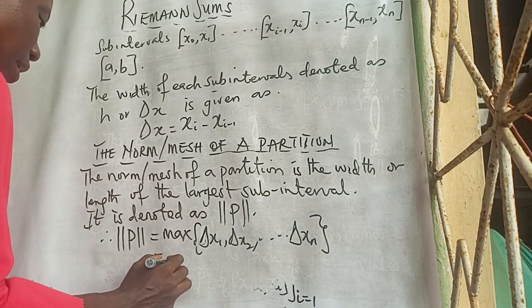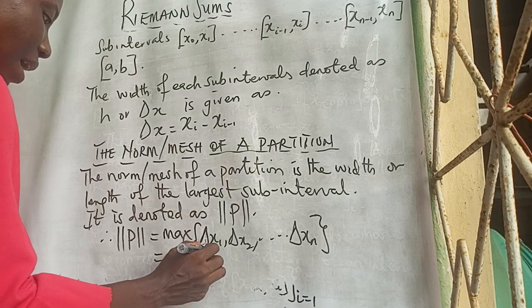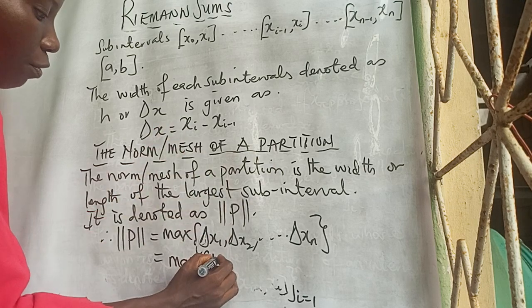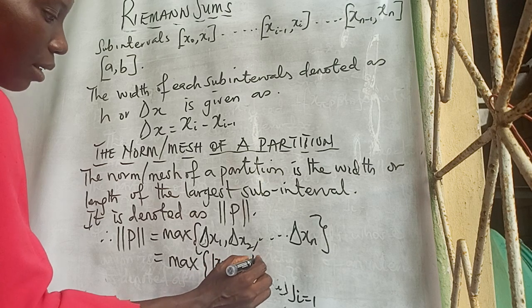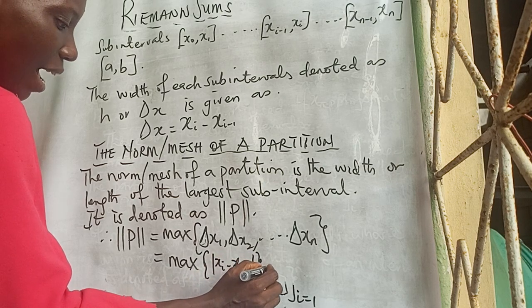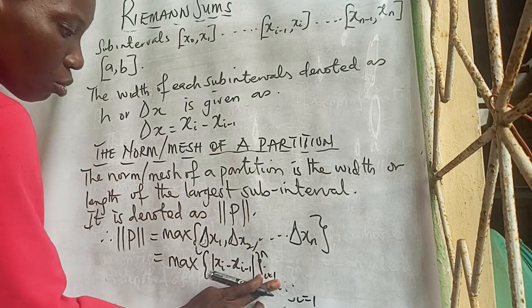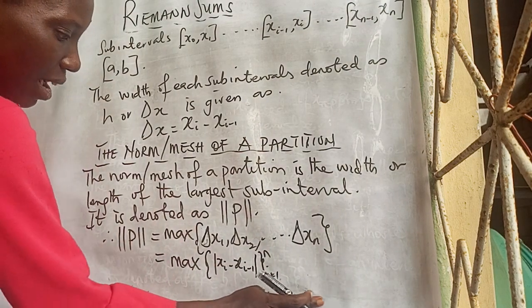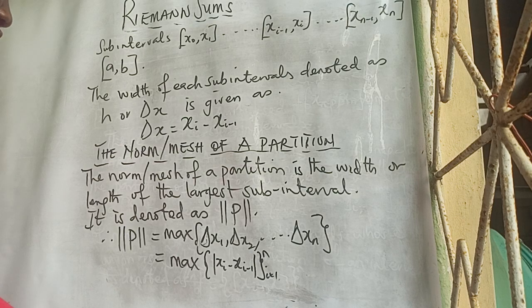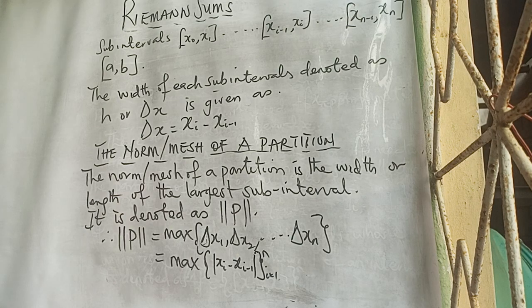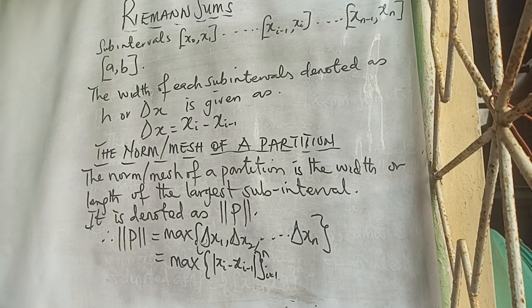And that is still the same thing as the maximum of x i minus x i minus 1 from i equals 1 to n. The maximum of that gives us the mesh or the norm of the partition.